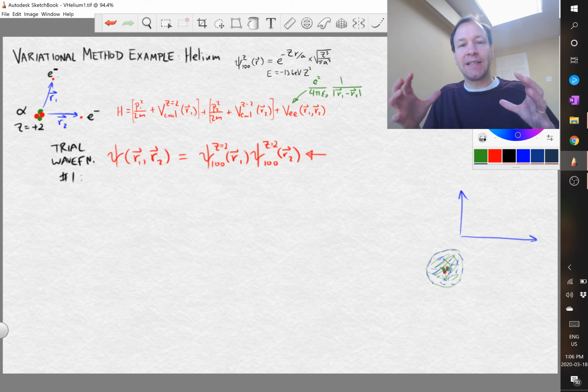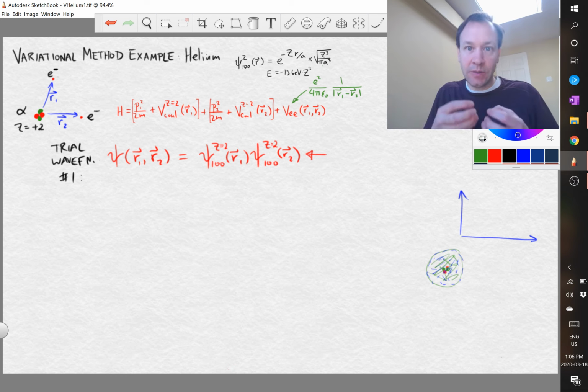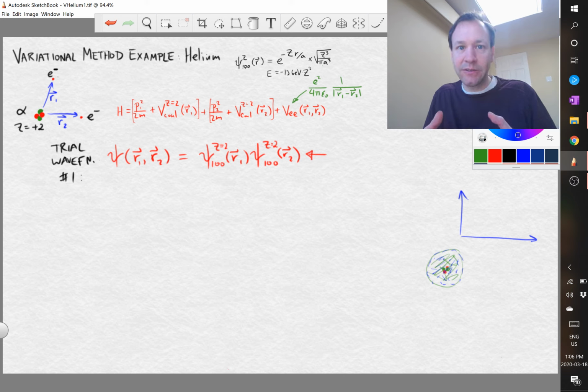It's not going to feel that first electron. So what the second electron would see would just be the point charge of +2 when it gets very close to the nucleus.